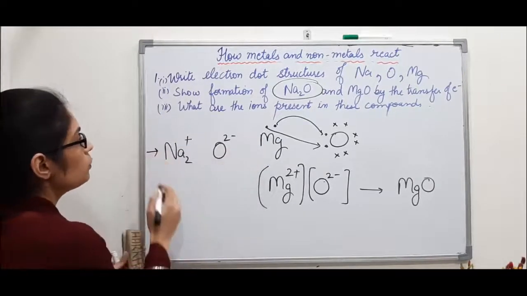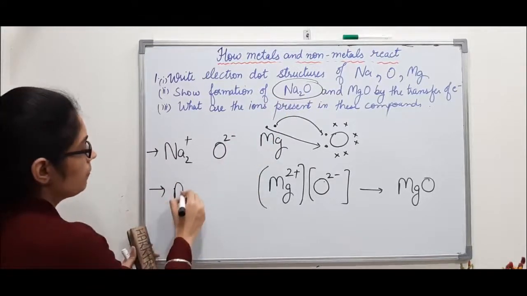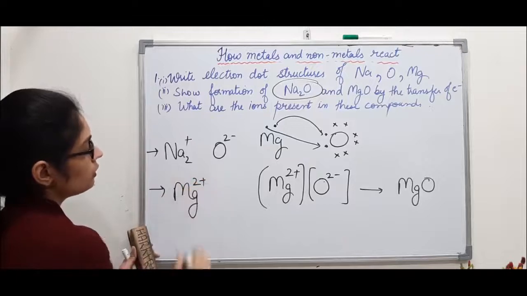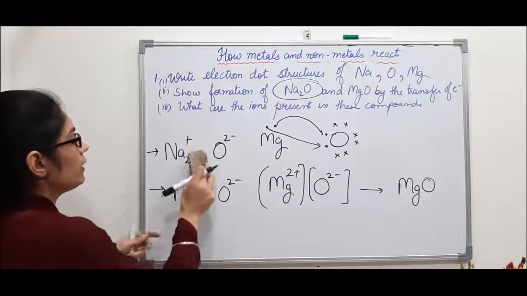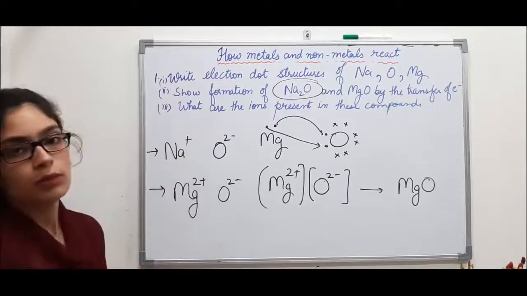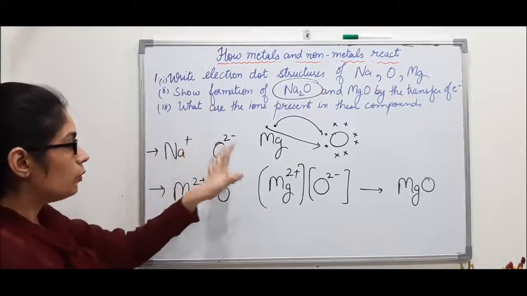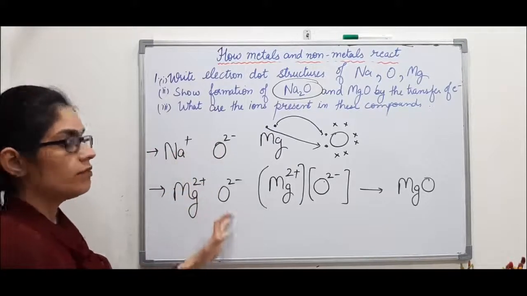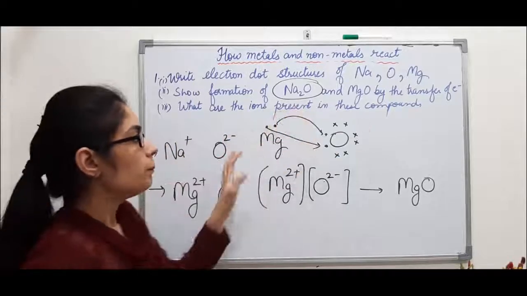So these ions were in case of sodium oxide, and in case of magnesium oxide, ions are Mg2+ and O2-. These are the ions present in these compounds.